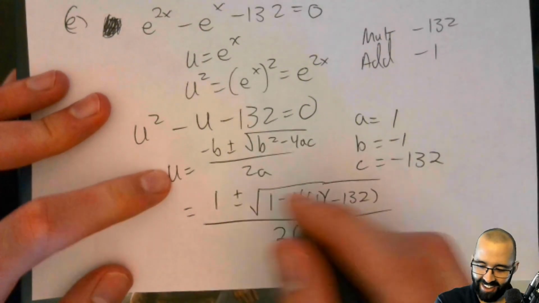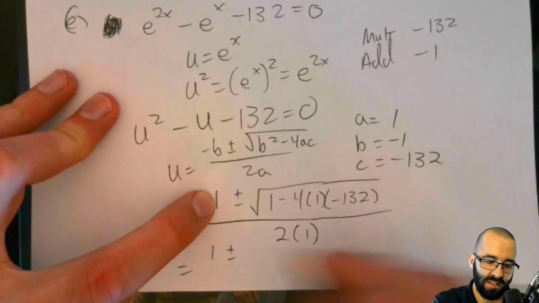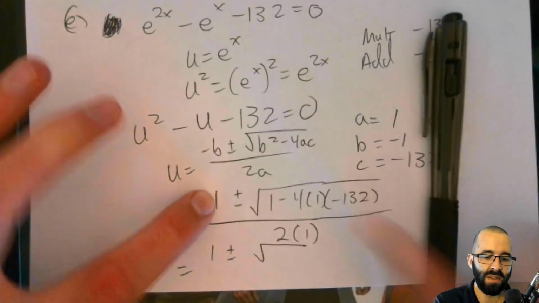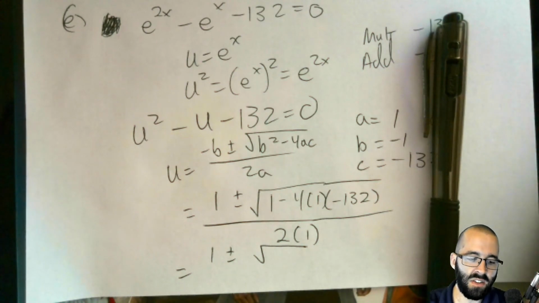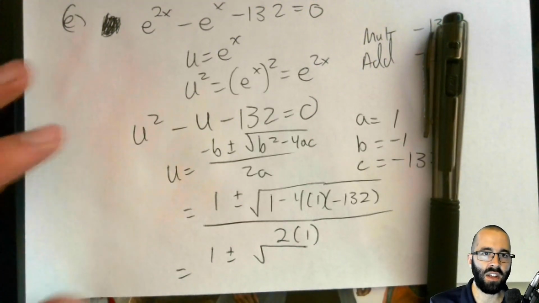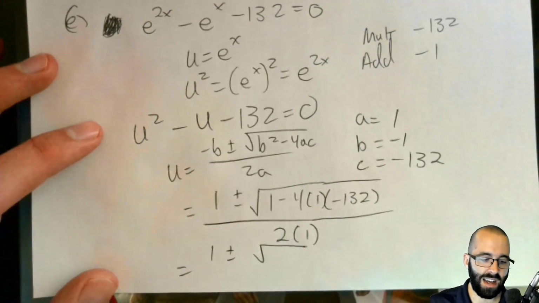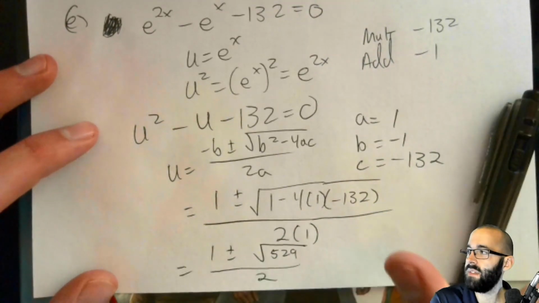And this video is just going to get longer and longer. So we get 1 plus or minus the square root. I'm going to simplify the inside with a calculator. Okay? The inside is 1 minus 4 times 1 times negative 132. Okay, that's going to be 529. All divided by 2 times 1.